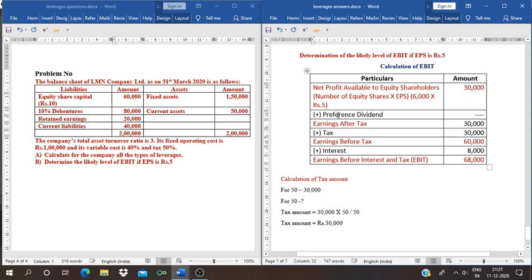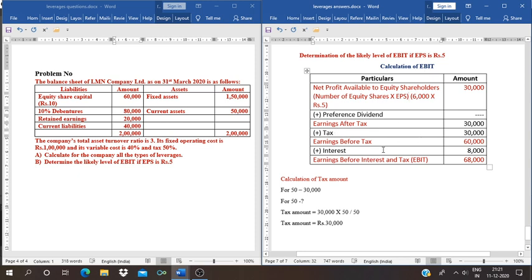Next, add preference dividend, nil, because in the problem preference share capital has not been given. If we add preference dividend, we get earnings after tax, that is 30,000 plus 0, which means 30,000 only. Next, this is earnings after tax. Again add tax.